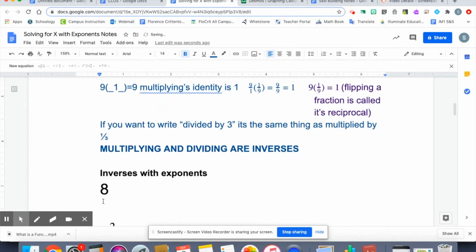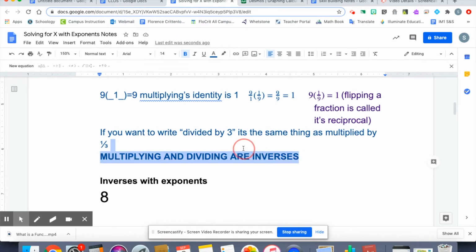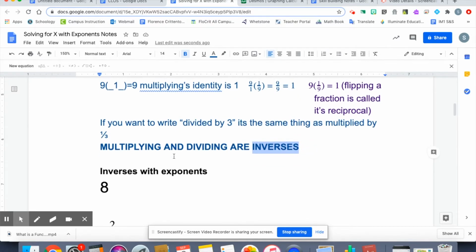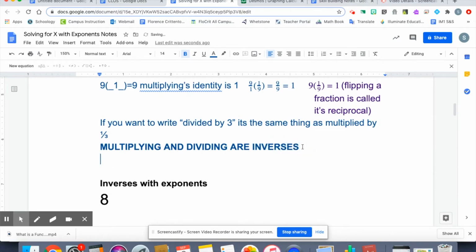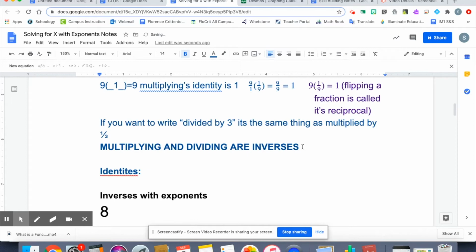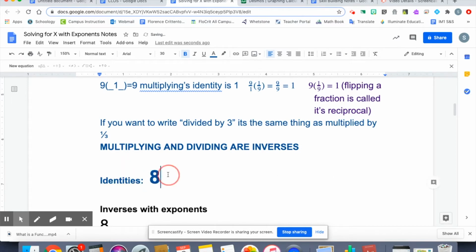So quickly, the two things we've talked about a lot so far are inverses and identities. Inverses are going to come up in just a second because we're going to use them to solve for x. But I want to talk about the identities real fast. If I were to take a number like 8, I can add 0 to 8 and it's still 8.